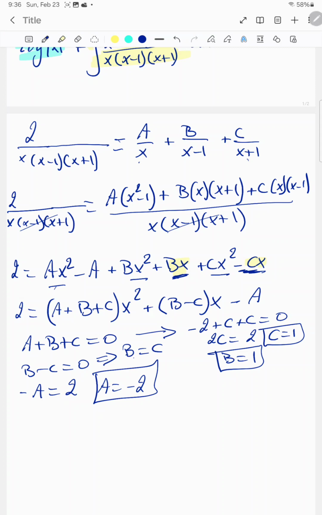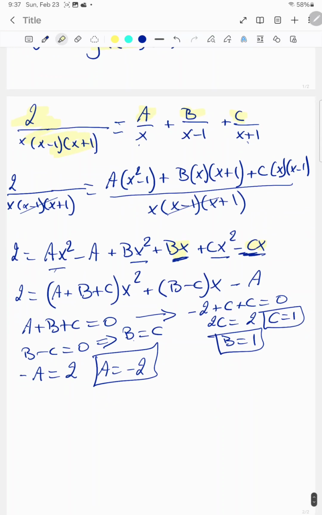So now I can write it as a, this becomes minus 2 divided by x, and my b is equal 1 divided by x minus 1, and my c will become 1 divided by x plus 1.